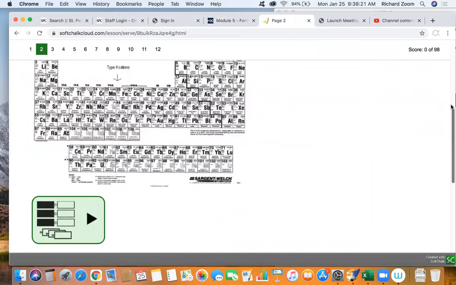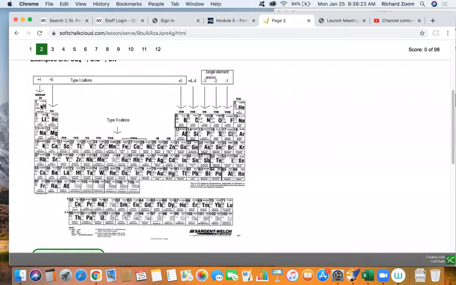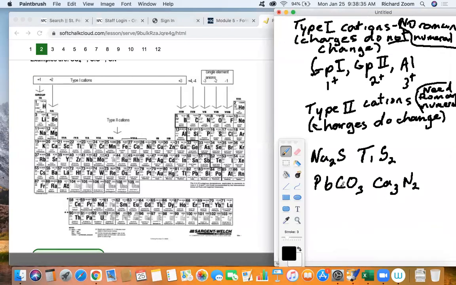So there's your standard periodic table. If we're looking at group 1, group 2, or aluminum, then that's really going to have a huge impact on the name, because then we don't need a Roman numeral. But if it's any of the others, we do. Now, since sodium is in group 1, then we know it's just going to be sodium sulfide.